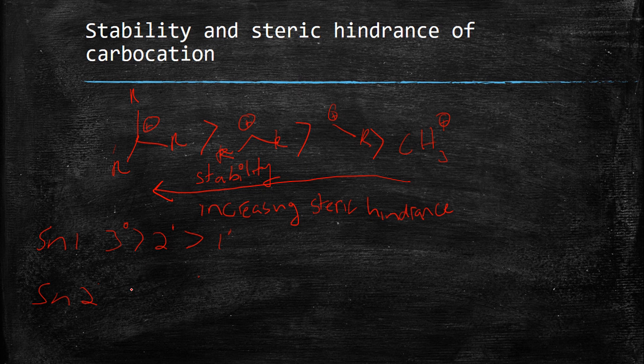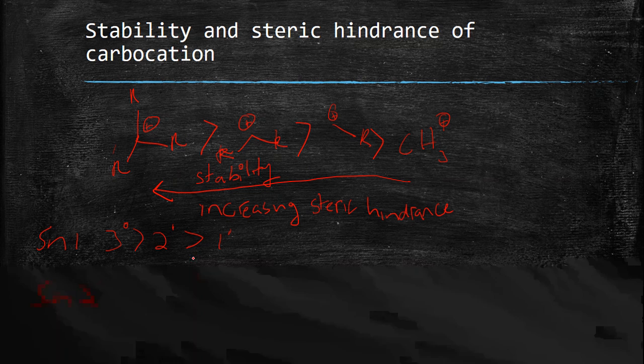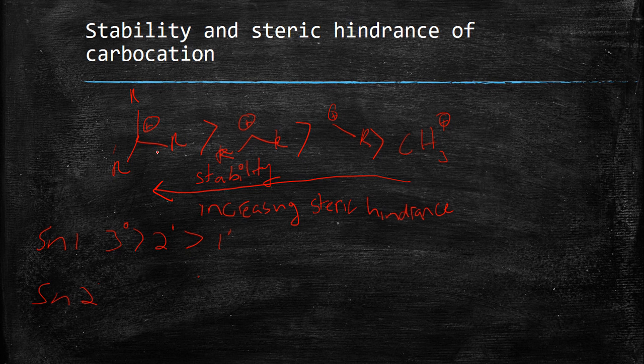Now steric hindrance is the bulk of the groups and how they interfere with the ability of the nucleophile to reach the center. With a tertiary carbocation, these R groups can be very bulky. Even methyl groups are pretty bulky, and you might even have aromatic groups here, and then you have huge steric hindrance and you're very unlikely to get an SN2 pathway.